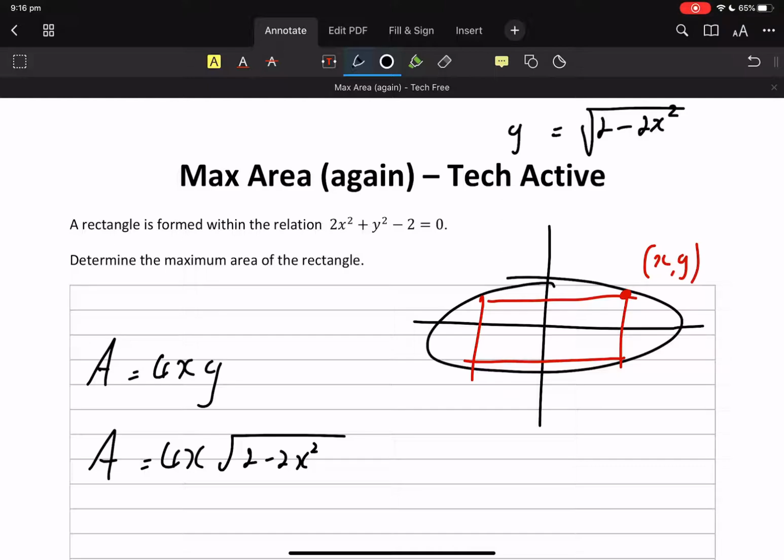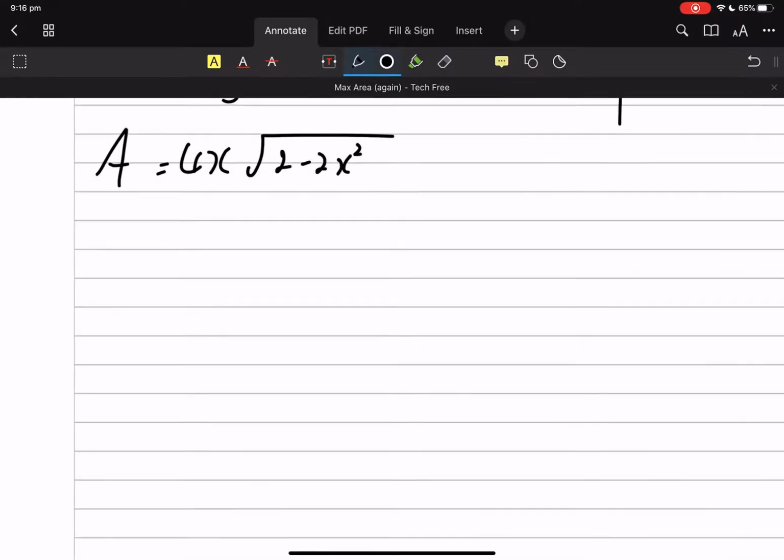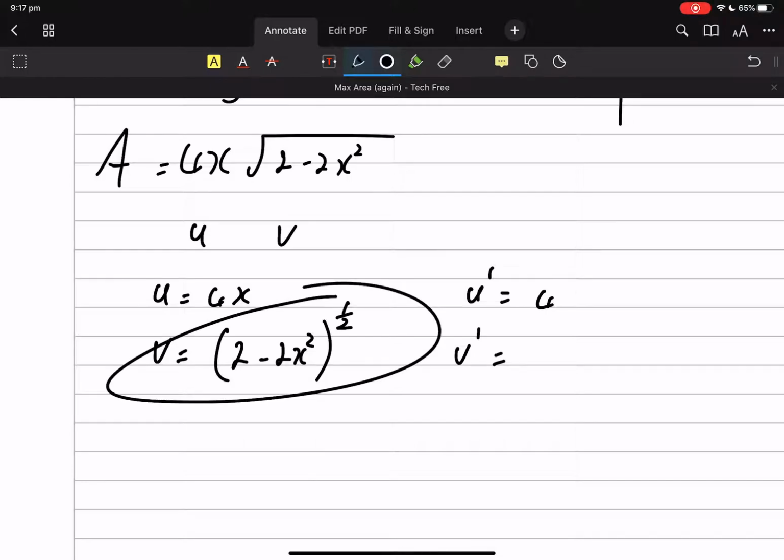As soon as you get there, easy pickings. We just got to differentiate that and set that equal to 0. We have no calculator, so I guess we're thinking of uv, where u is x. And hopefully you're thinking that we're home and hosed here, because that's just a product rule. Do not rush yourself.